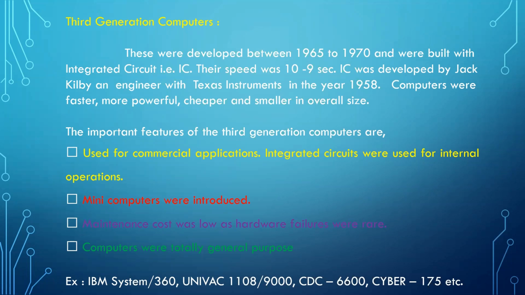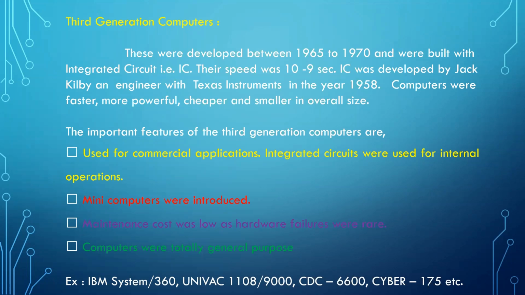And the speed was 10 to the power minus 9 seconds. It means the speed of these third generation computers was in nanoseconds, that is 10 to the power minus 9 seconds. And this important component IC was developed by Jack Kilby, an engineer with Texas Instruments, in the year 1958.